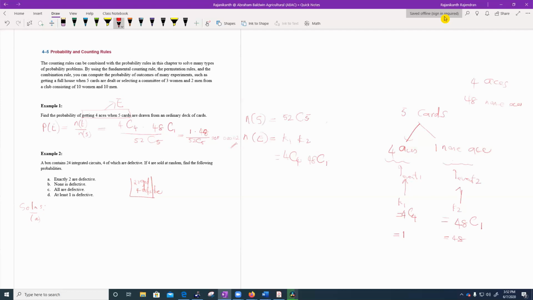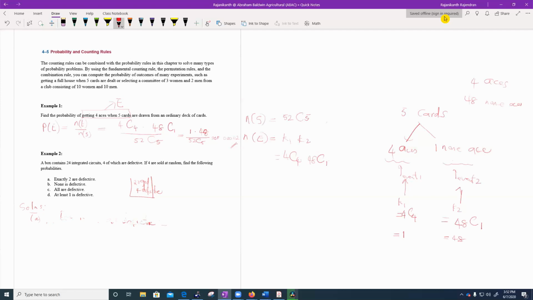Find the following probability. The first one is to find the probability of exactly 2 being defective. What does that mean?